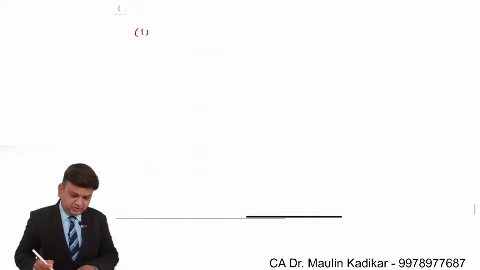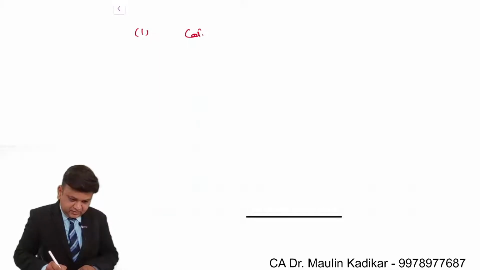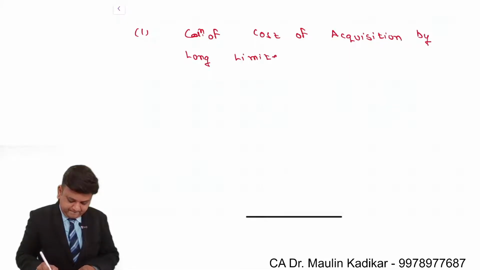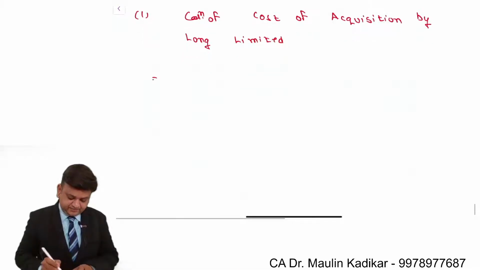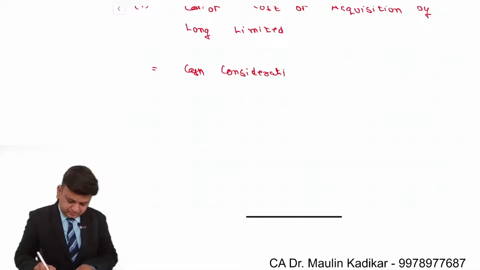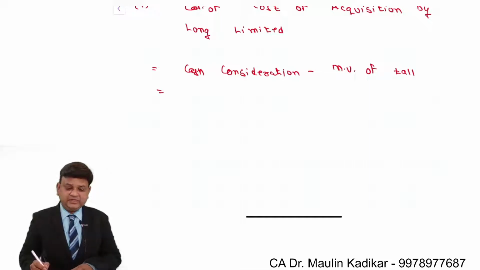Answer of the first part of the question: calculation of cost of acquisition by Long Limited. In that we understand it is cash consideration minus market value of Tall. What is the cash consideration?